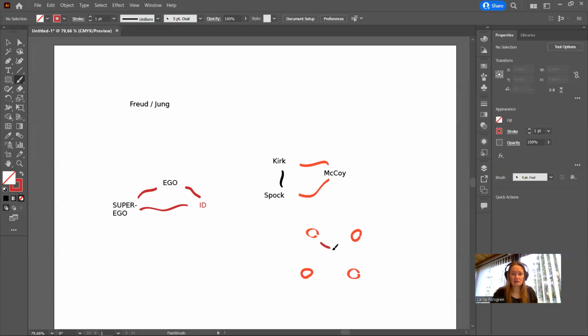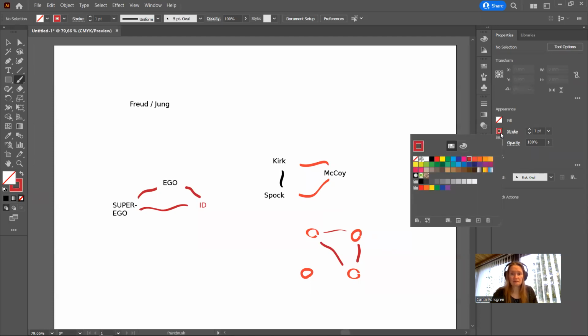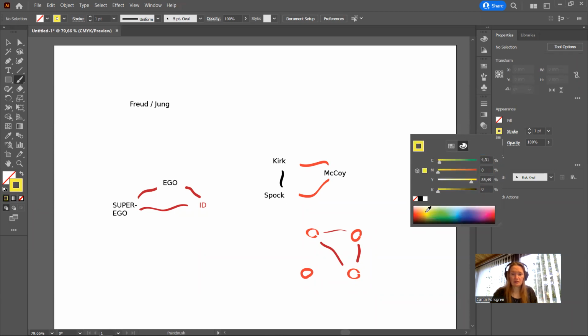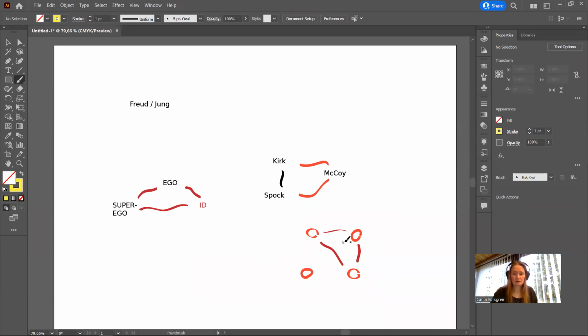Like these 3 characters might be connected in one way, and these three in some other way, and so on.